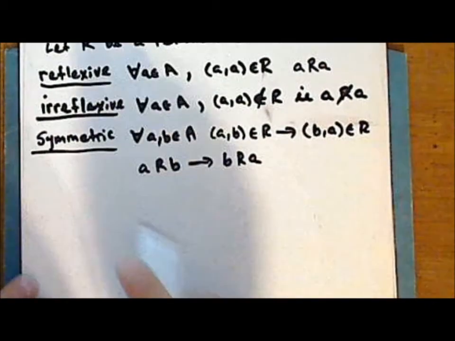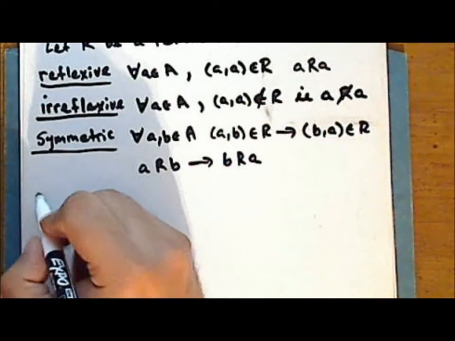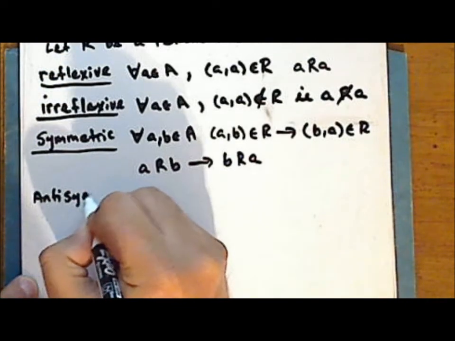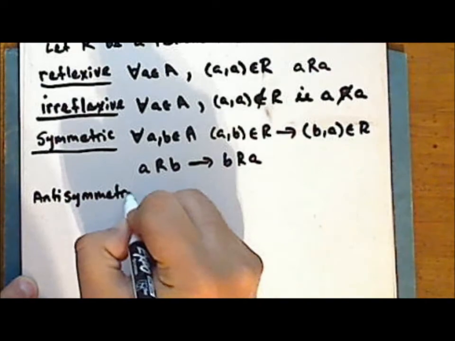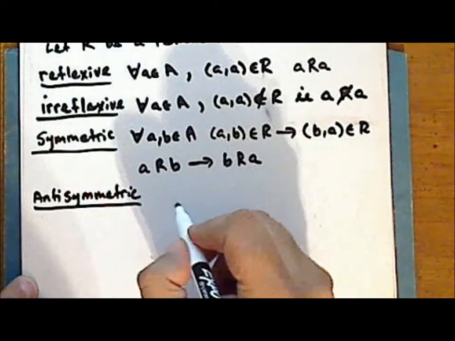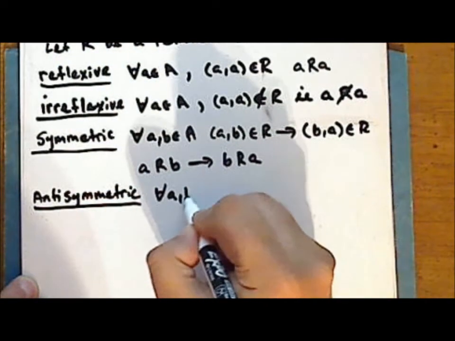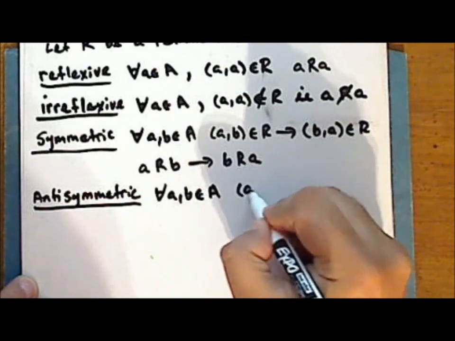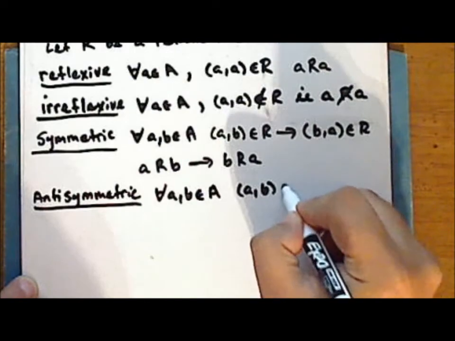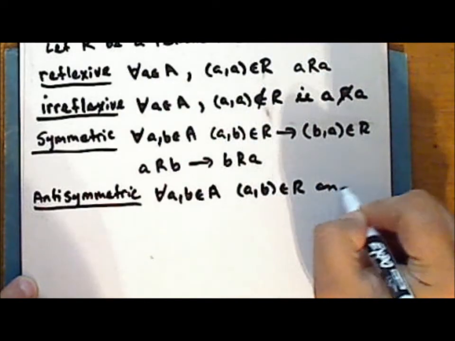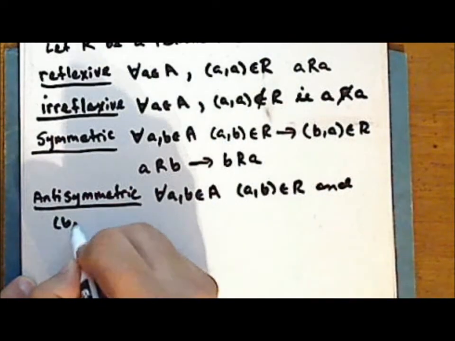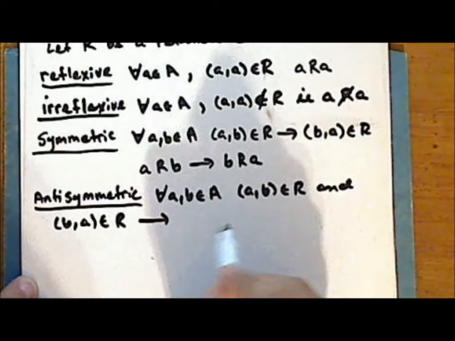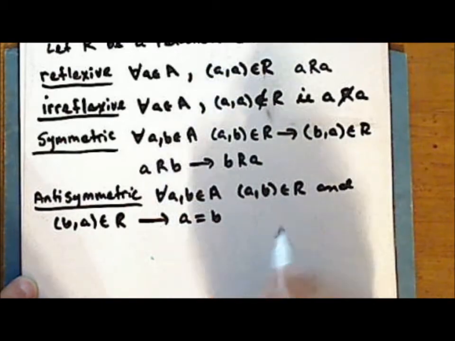All right. A given relation is said to be antisymmetric if for every two elements a, b in the set A, if it is true that both the ordered pair (a, b) is in the relation and the ordered pair (b, a) is in the relation, then this implies that a is equal to b.